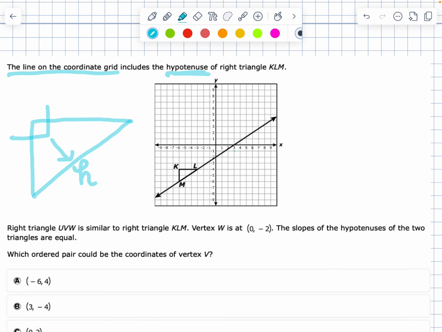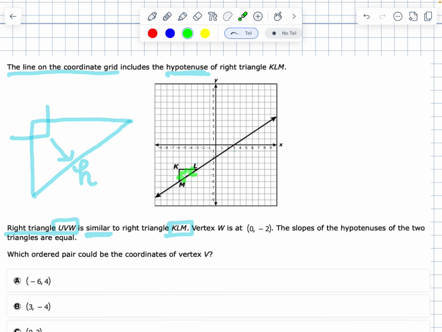And then we get to this point, it says the right triangle UVW is similar to this triangle. And similar just means that they're the same shape and all the angles are equivalent. So those angles are equivalent to these angles. It's just the size that is potentially different.